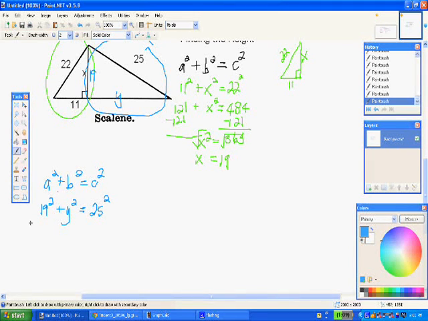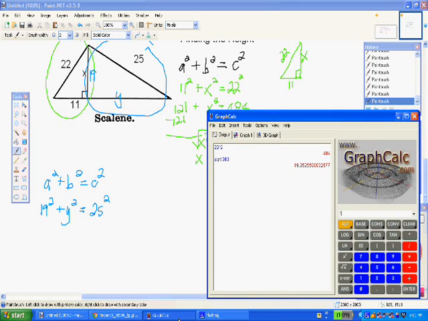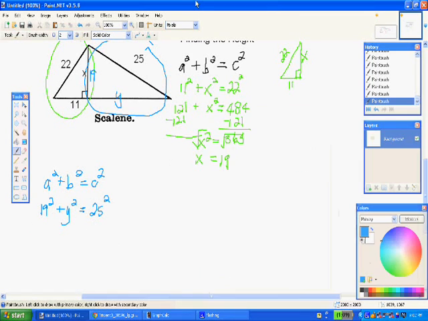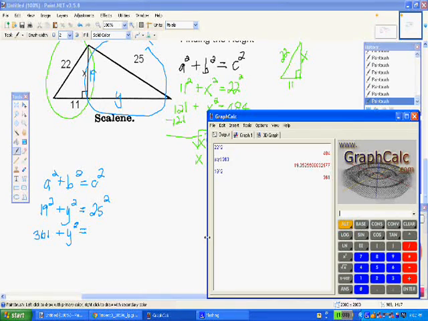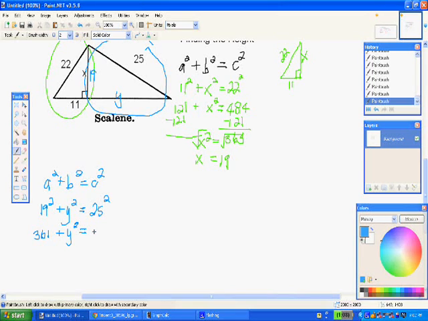I'm going to use my calculator to find what 19 squared is and what 25 squared is. So 361. And 25 squared is 625.